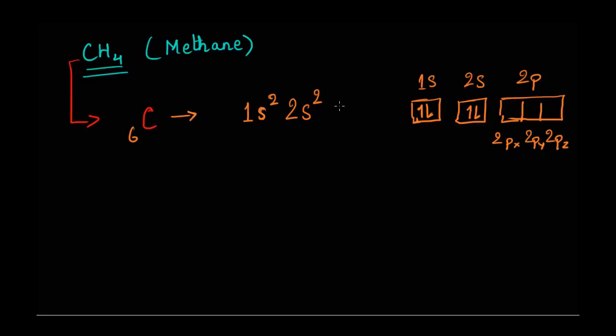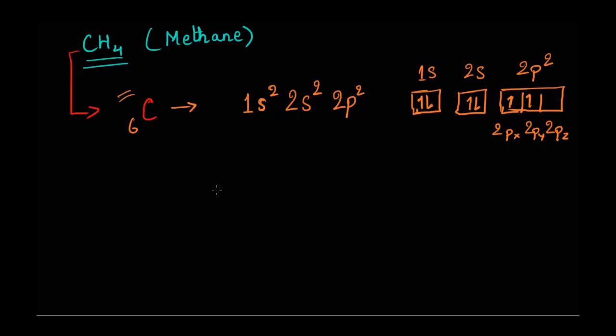There are only 2 electrons to fill, so I'll write it as 2p2. These electrons will go 1 into 2px and 1 into 2py with a parallel spin. So this is how carbon's electronic configuration will look.